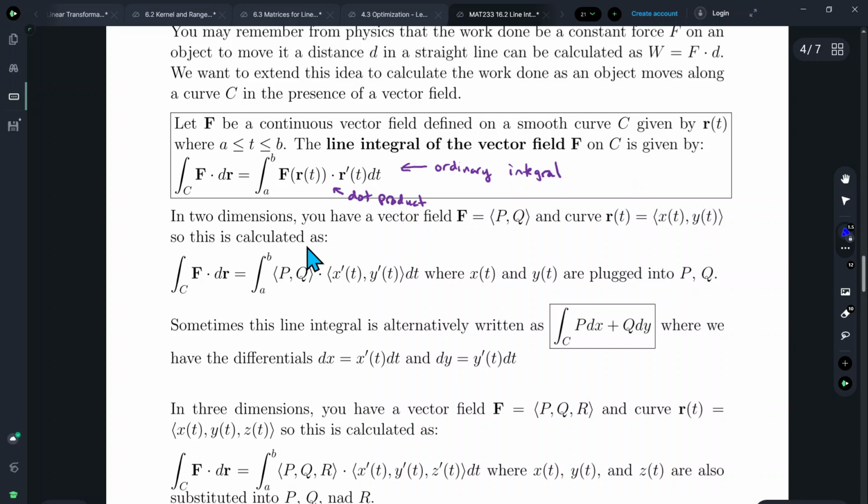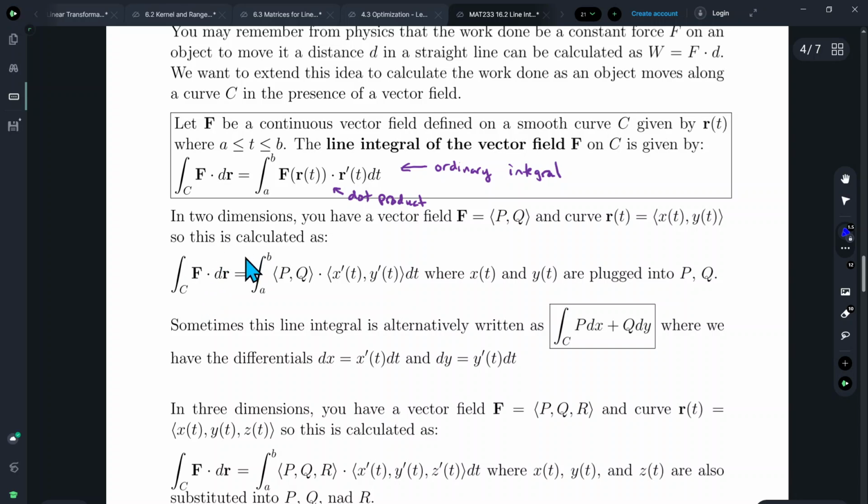As we said before, you have to take the x and y components of the curve and plug them into P and Q so that everything is in terms of t. And then this is just r prime. Then you calculate this dot product and proceed to calculate the integral with respect to t. Again, that's how we calculate these kinds of line integrals.